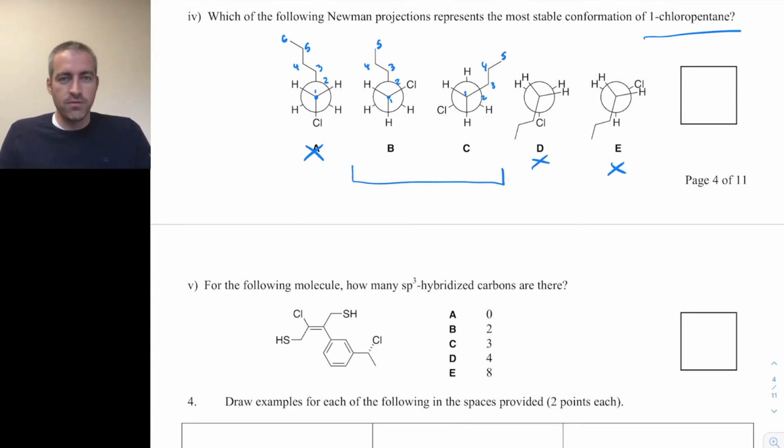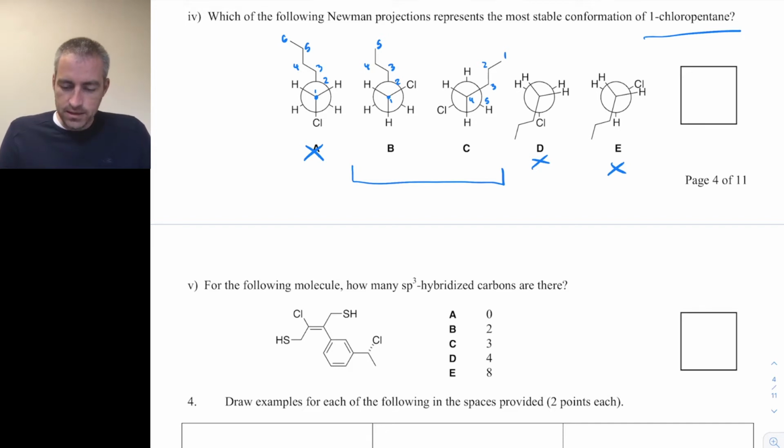They at least have a pentane chain. I guess the way I numbered this chain isn't quite right. So if we start at this end, 1, 2, 3, 4, 5.